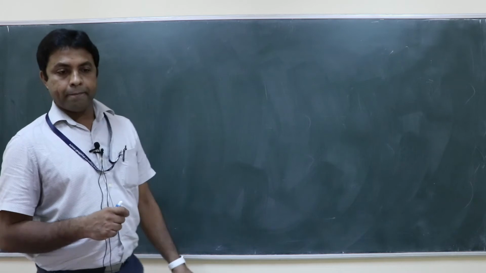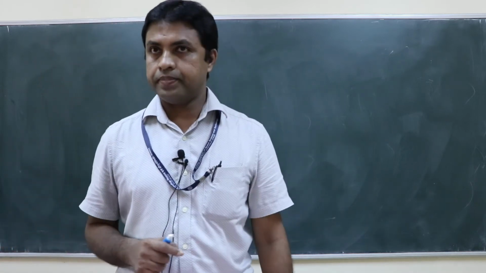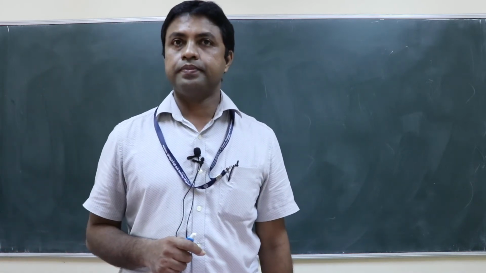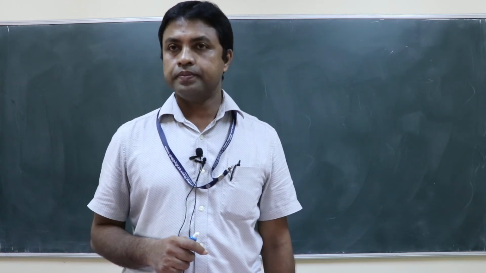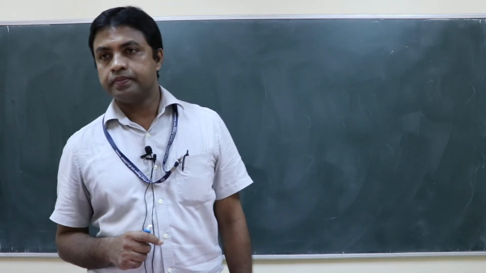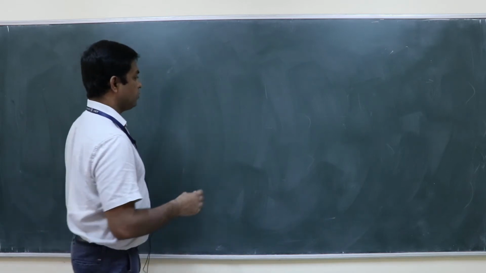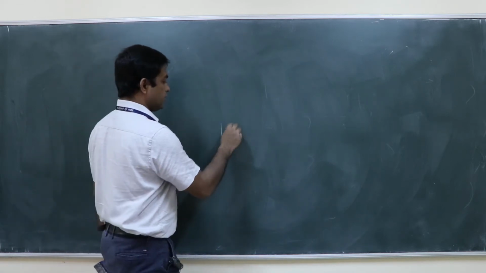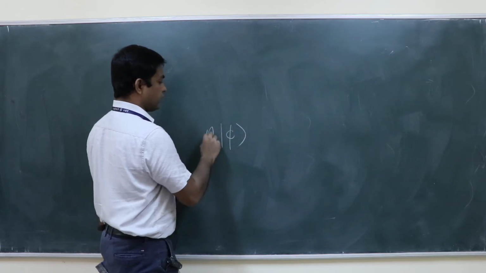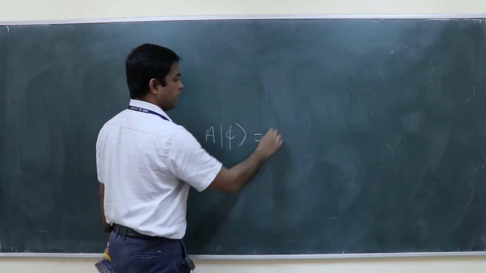Student: You said some vectors go outside of this space. Where do they go? Teacher: If you take some operator and act on some vector, you get some vector, say chi.